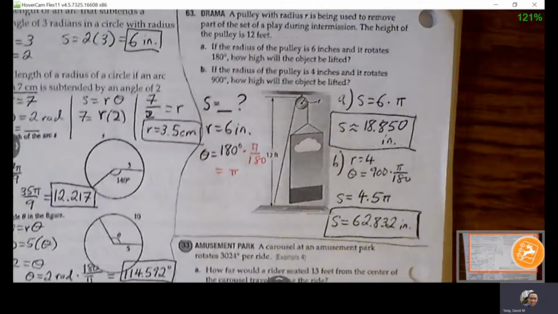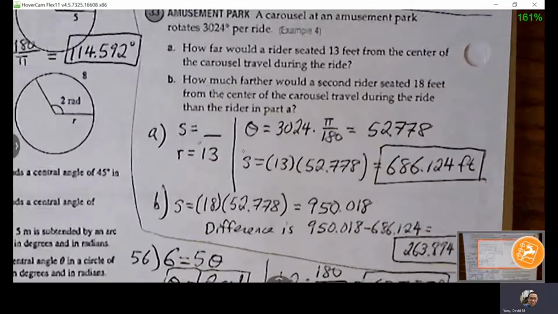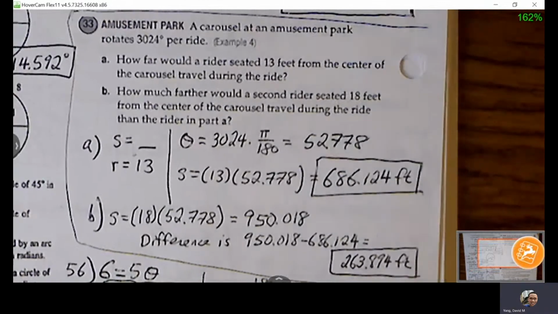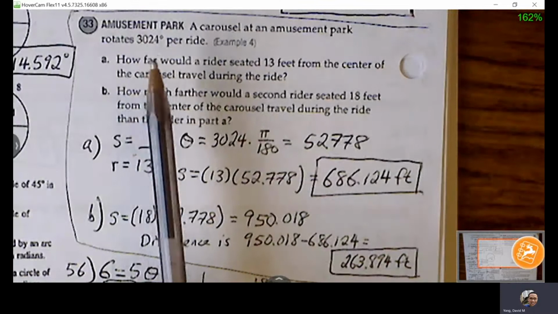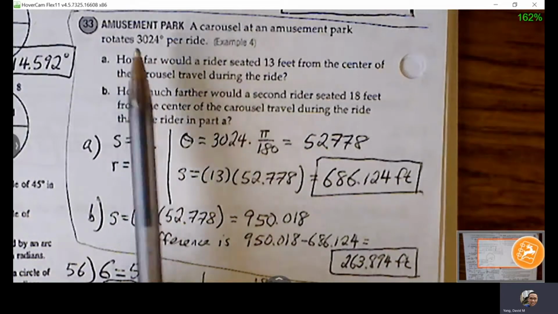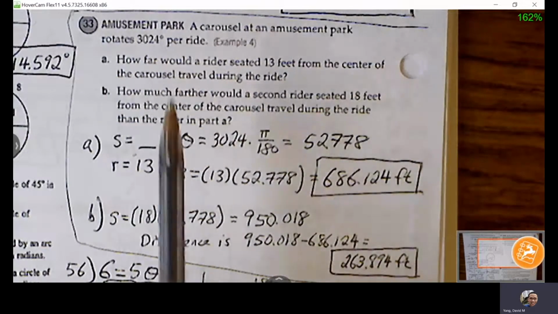Okay. Let's go down to 33. A carousel at an amusement park rotates 3,024 degrees per ride. So we know that there are many rotations that this carousel goes through for that ride.